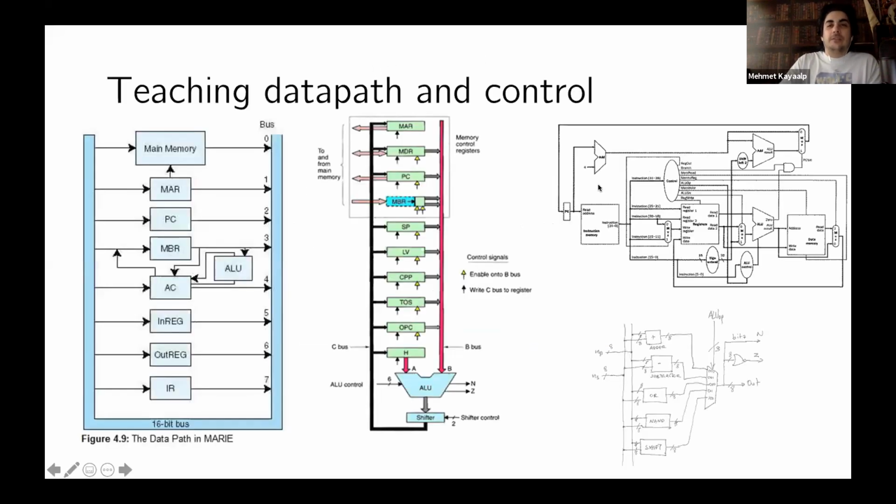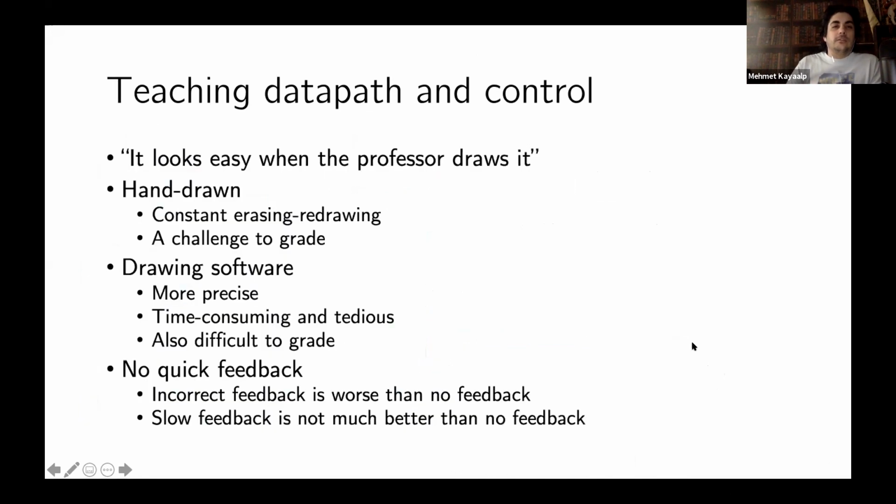So we have been teaching data path and control by doing textbook figures and hand-drawn pictures like the one on the bottom. And the problem with this is it looks easy when the professor is doing the drawing, so they perceive it as simple, but then when they have to do it, it's a difficult task.